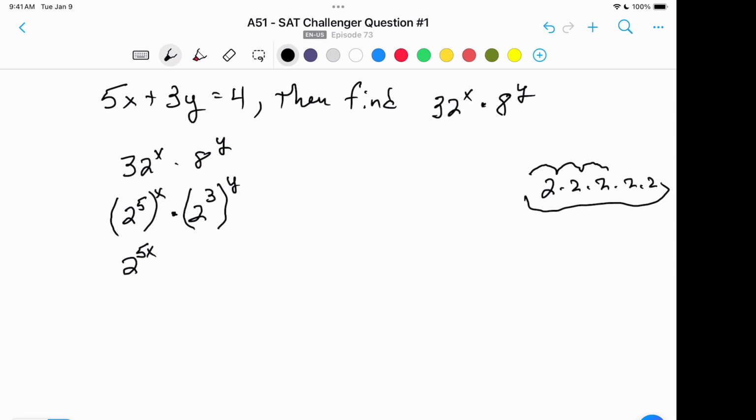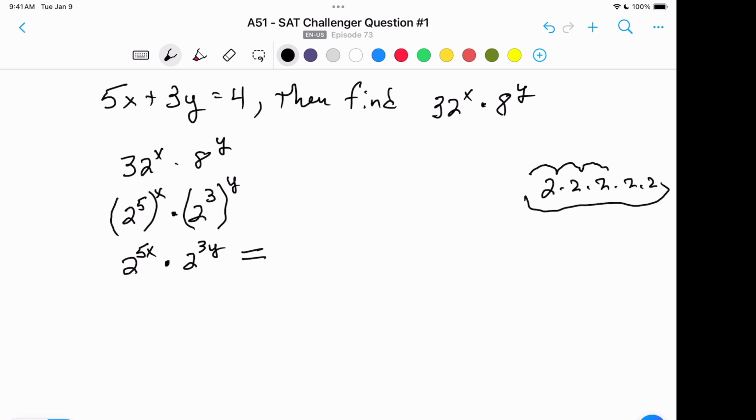Now, you're going to do the same thing. You multiply the exponents together because an exponent of an exponent is multiplied. So it becomes 2 to the 3y. Now we're starting to see something really form. If you haven't seen it, that's okay. You will.